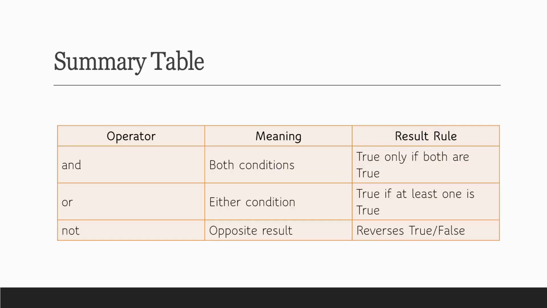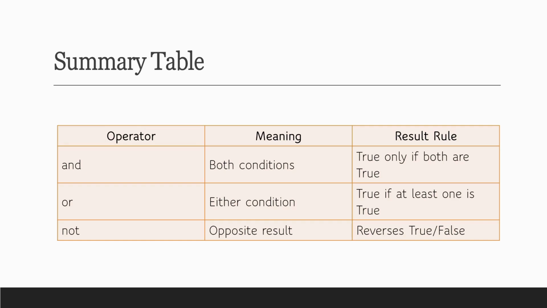Let us quickly revise logical operators using this summary table. First, the AND operator. Its meaning is both conditions. It gives a true result only if both conditions are true. Next, the OR operator. Its meaning is either condition. It gives a true result if at least one condition is true.